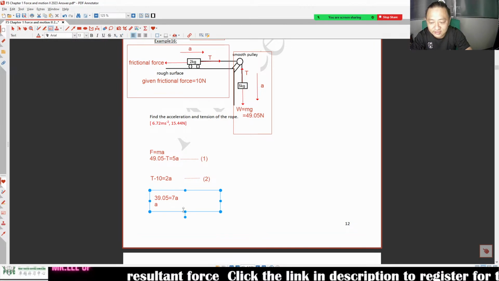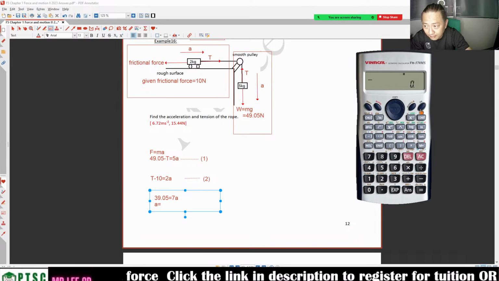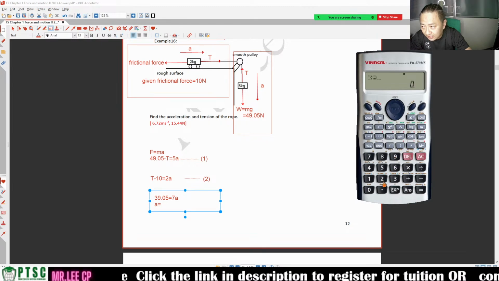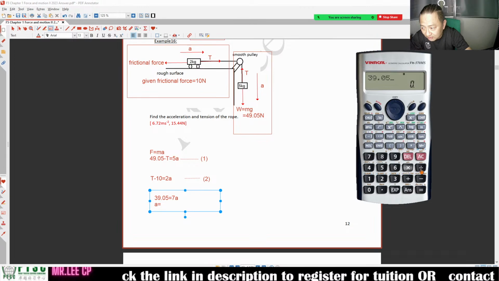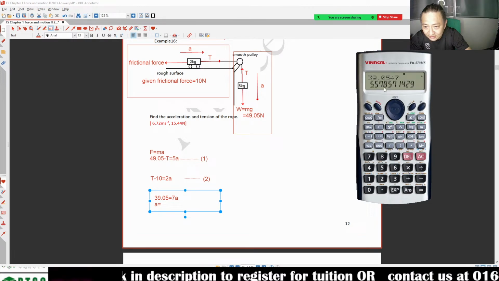So I can calculate the A. 39.05 divided by 7. I'll get 5.578.